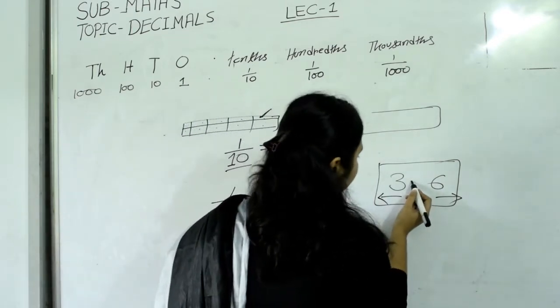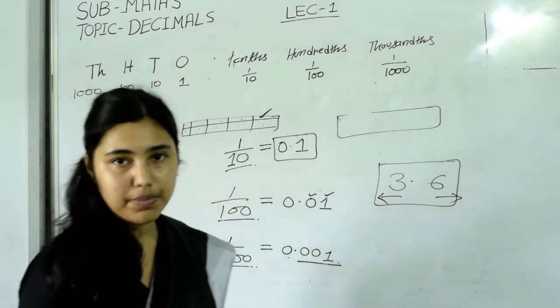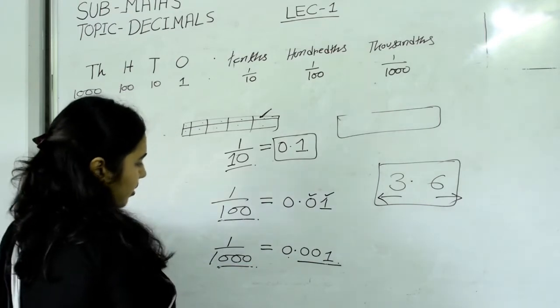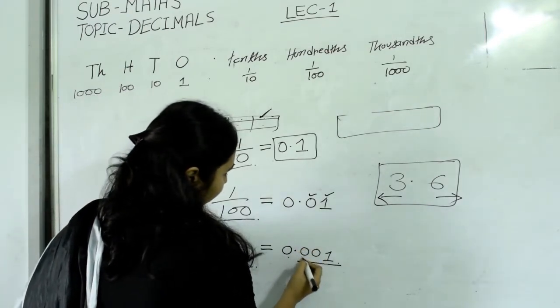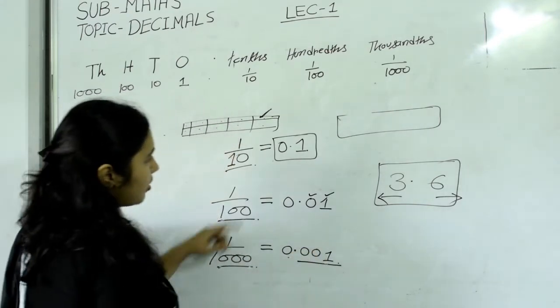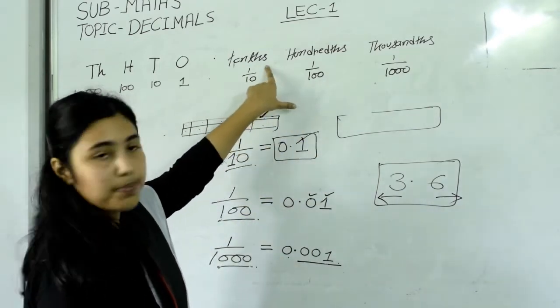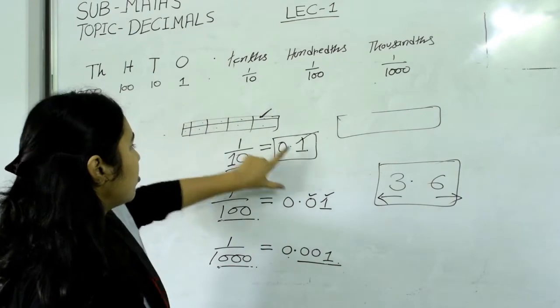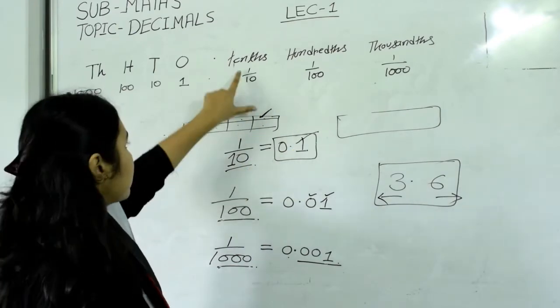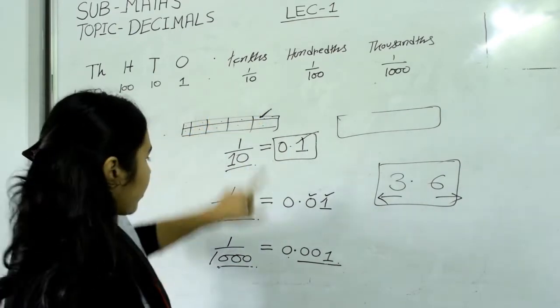And this point is known as the decimal point. After this decimal point, the first place is the tenths place. The place value of this 1 is 1 by 10.